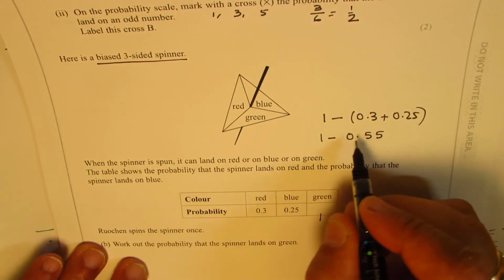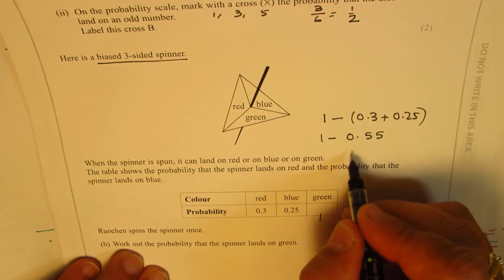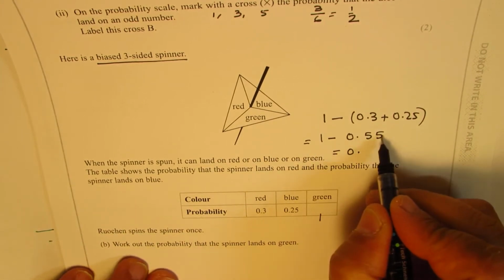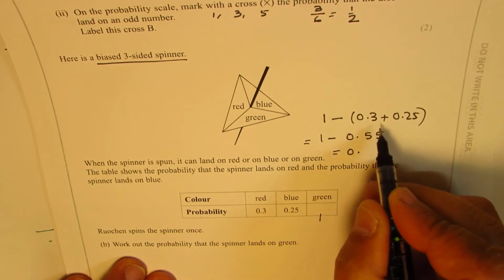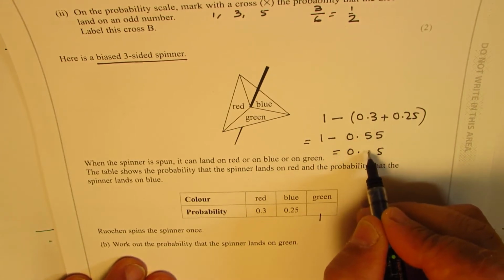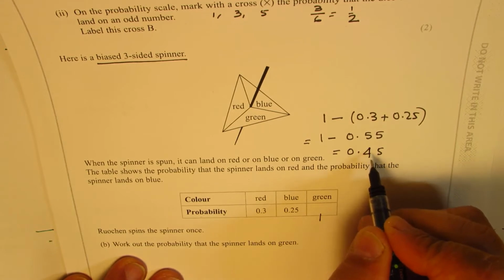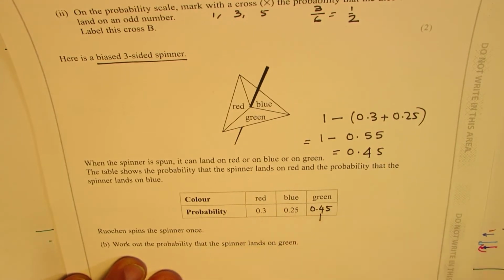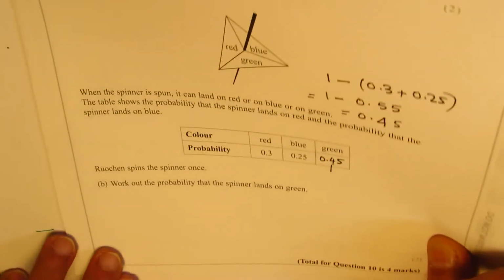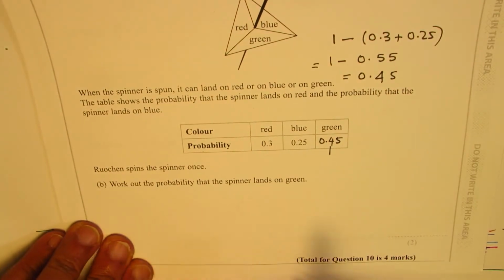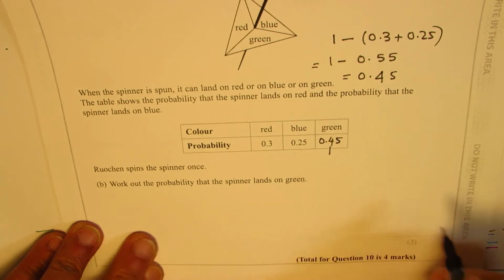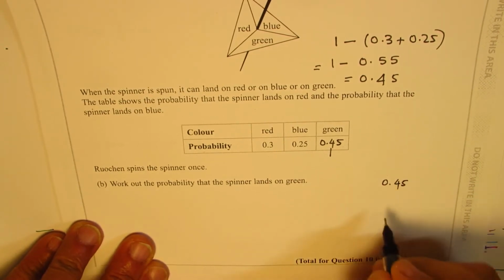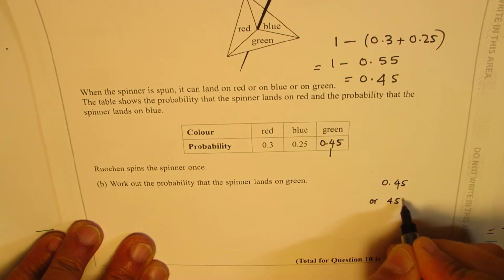When you borrow, you get 45%. So the probability of getting green is 45% or 0.45. Is that clear to you, right? So you can write the probability as 0.45 or 45%.